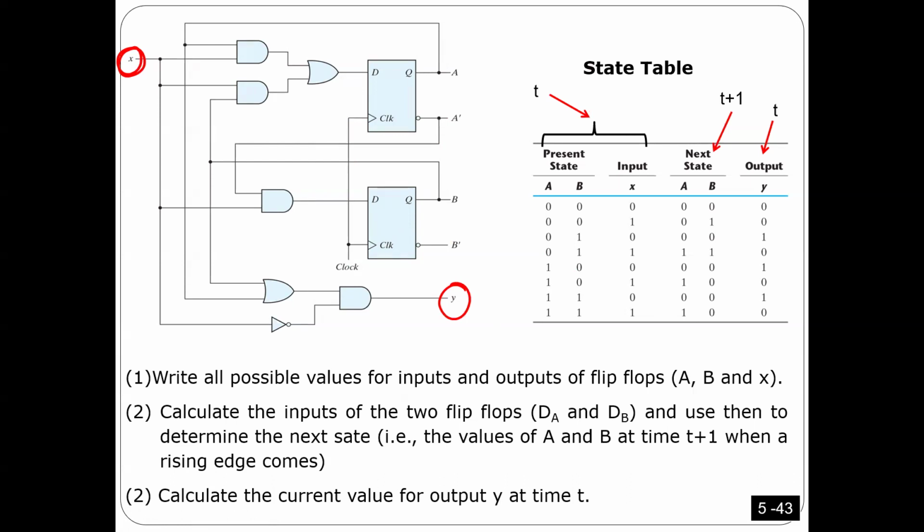Four states: 0 0, 0 1, 1 0, and 1 1. So we can have up to four states. The number of states equals 2 to the power of the number of flip-flops.